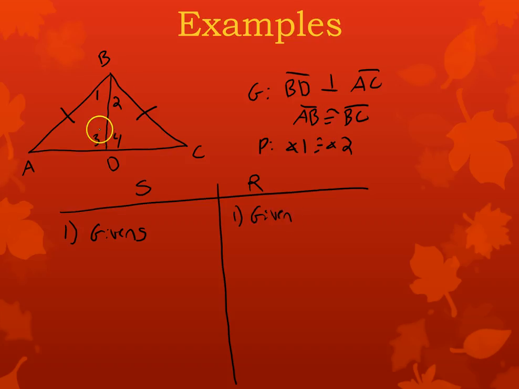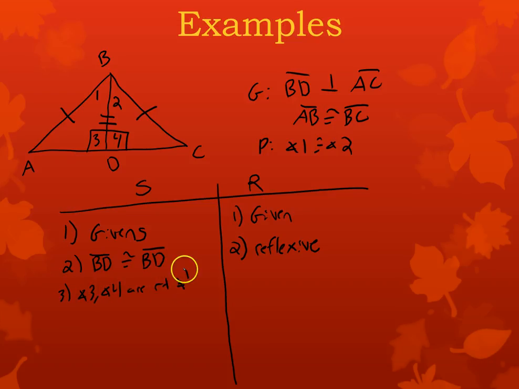We recognize that for both triangles, they share this reflexive side BD, so it has to be congruent to itself. Now, if BD is perpendicular to AC, what that means is we have two right angles. Angle 3 and angle 4 are right angles, because that's our definition of perpendicular lines.